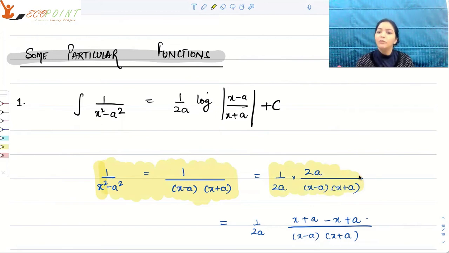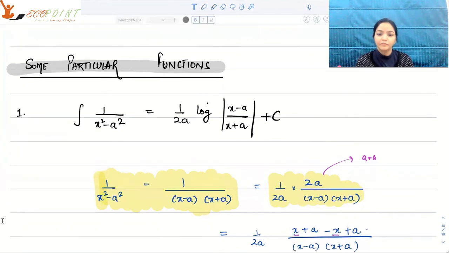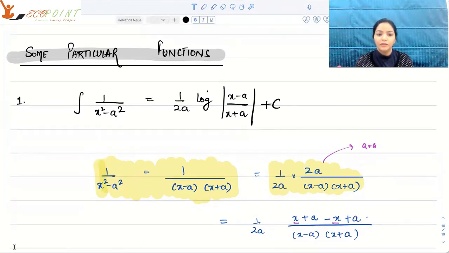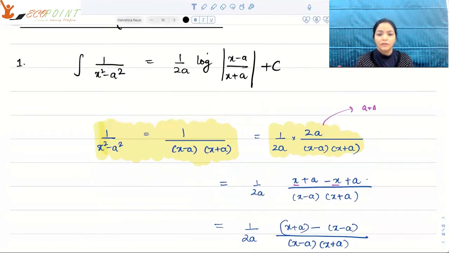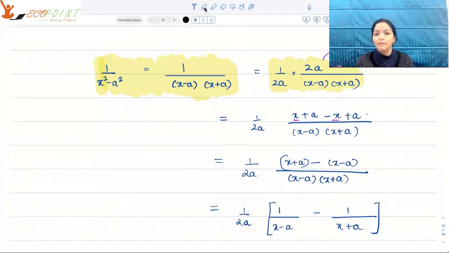Now 2a could be written as a plus a. So now add and subtract x to this 2a, and that will give us x plus a minus x minus a.